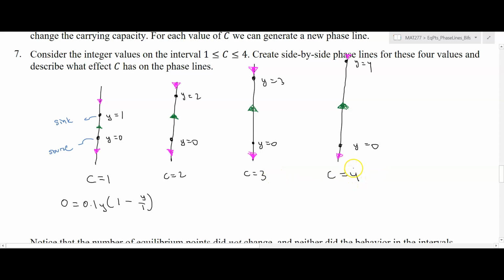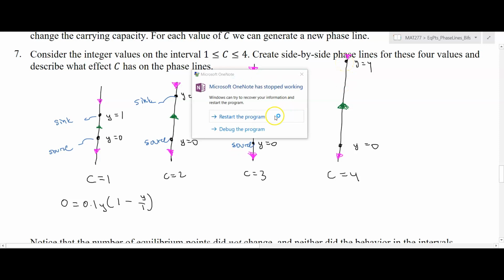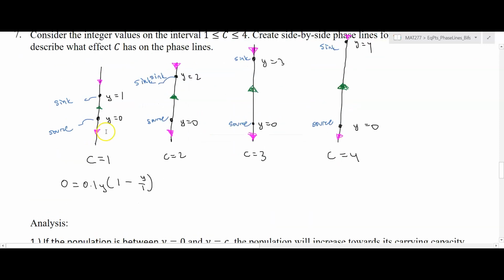And what that also means is that in all 4 instances, the population behaves in the same way between the intervals. And notice that the classification of our equilibrium points is still sink, source, sink, source, sink, source. And again, the last one is y equals 4 is a sink and y equals 0 is a source.